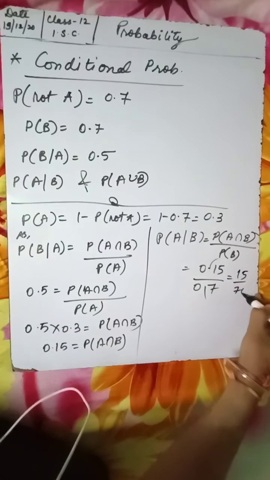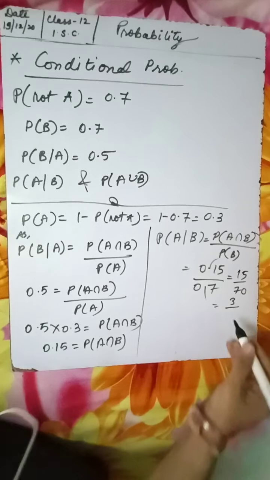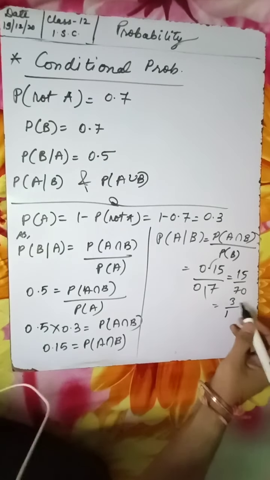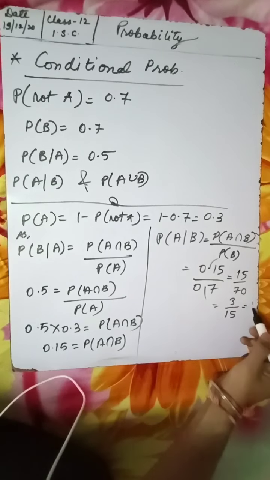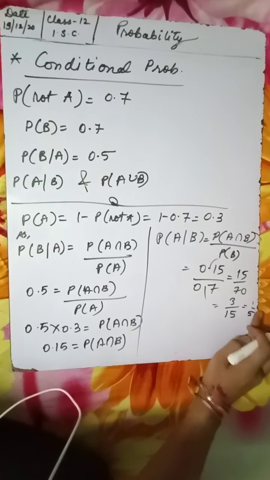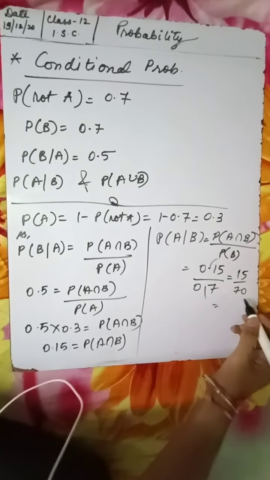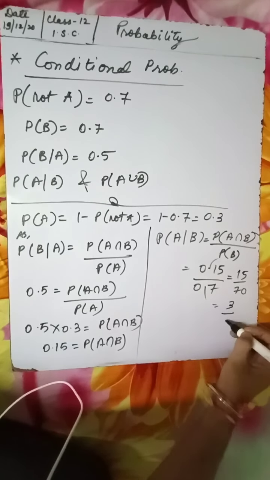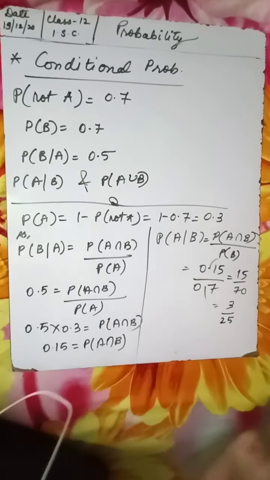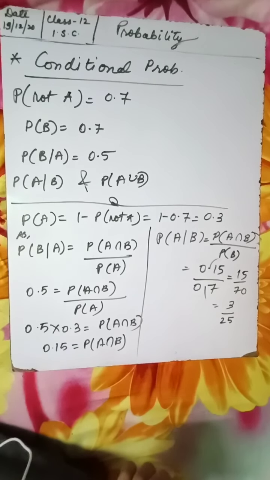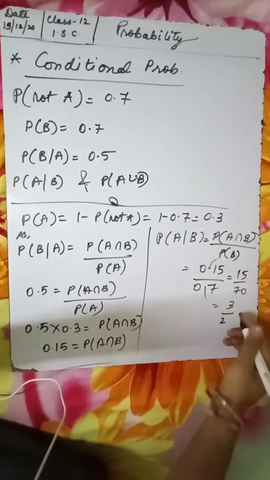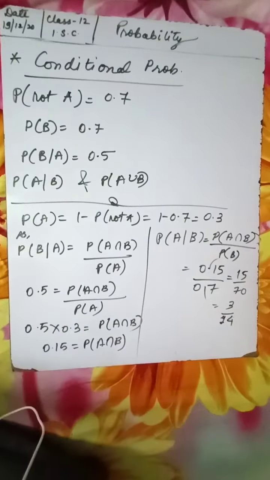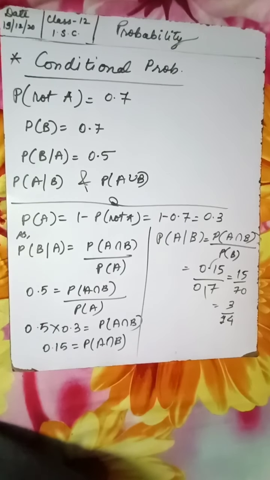So 15 upon 70, which is 3 upon 14. So that is how we have to do. Okay, so 3 by 14.